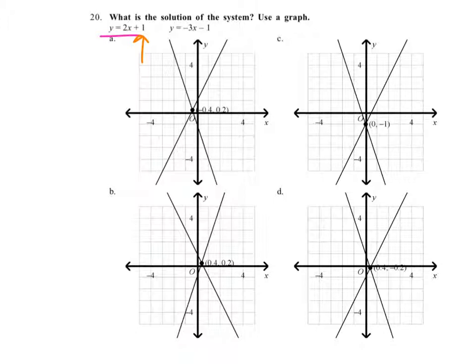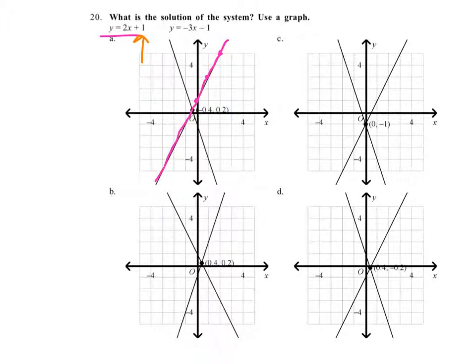Right here is the value of 1 on the y-axis. Now, from there, you would rise 2, run 1. So rise 2, run 1. Right there, rise 2, run 1. So that actually looks like this pink line. This is this pink line being graphed right there.